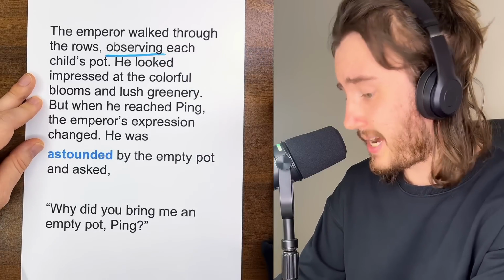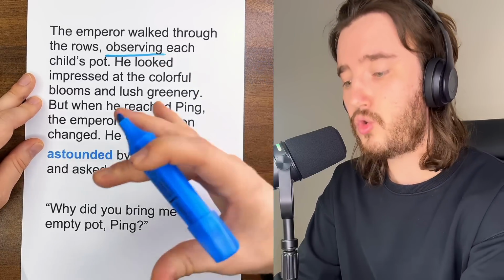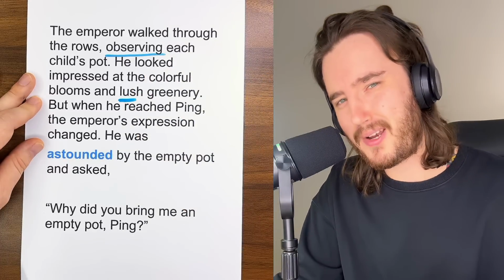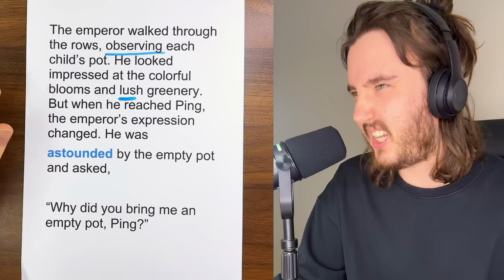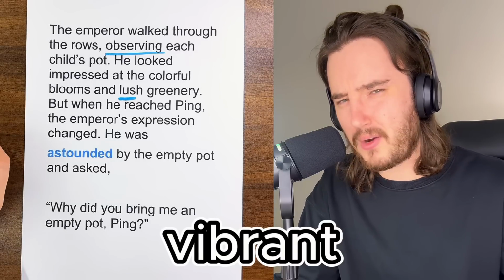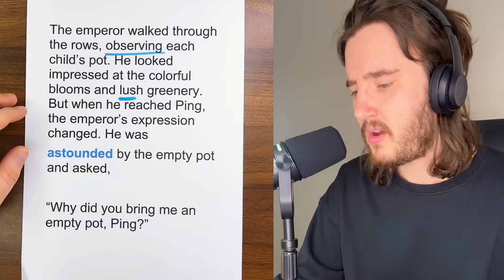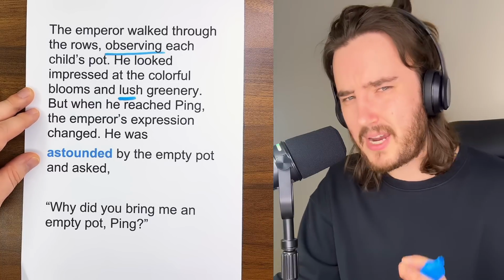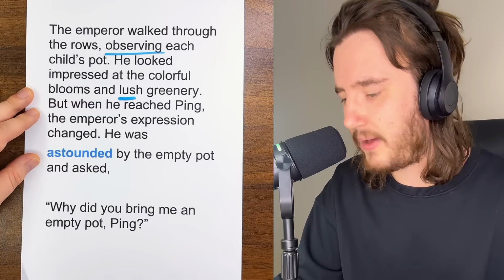He looked impressed at the colorful blooms and lush greenery. Lush, this word is pretty fun. If a plant is lush, that means it's a very vibrant green, a very healthy green, a very striking green, we could also say. Basically, it looks really healthy.